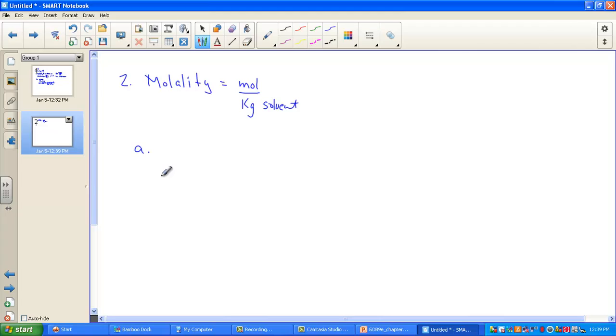It asks, what is the molality of a solution formed by dissolving 50 grams of calcium fluoride in 750 grams of water? Whoops, that says 750 grams of water. We have a little mole map work to do, so pretty straightforward here. 50 grams of our solute, CaF2.